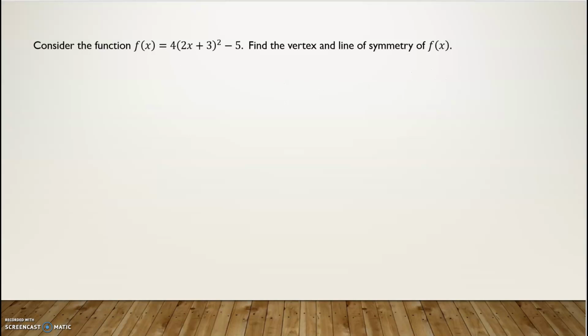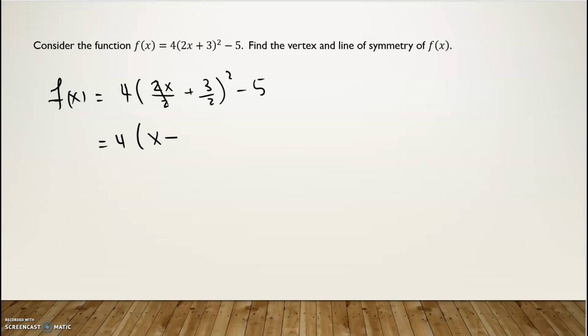So f of x is equal to 4. What I need to do is divide both the terms inside the parentheses by 2. So what we have here is 4. The 2's will cancel, so I have x.